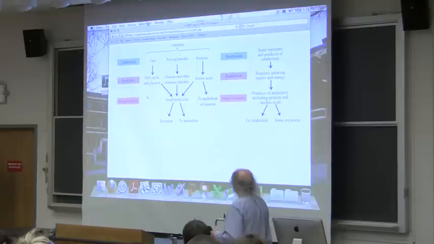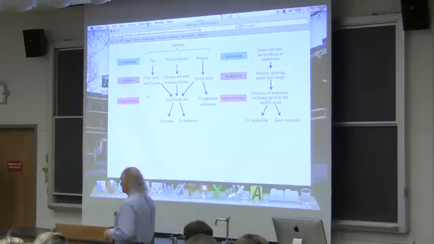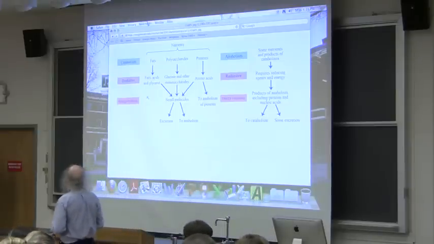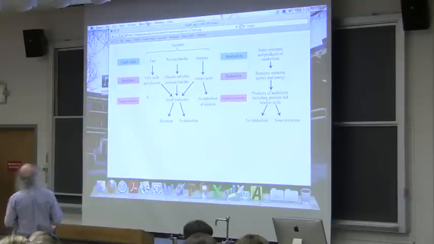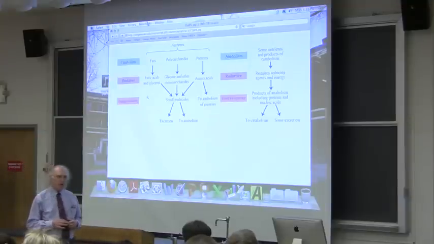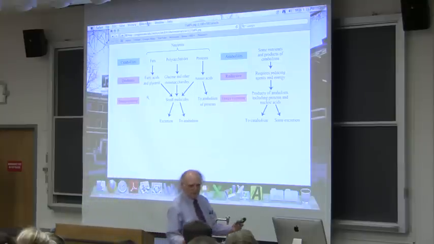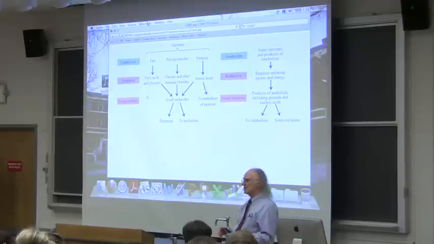Okay. Two terms to be very familiar with. One is catabolism. It's up here on the upper left. Catabolism is a metabolic process that breaks things down. It takes big things, breaks them down into smaller things.